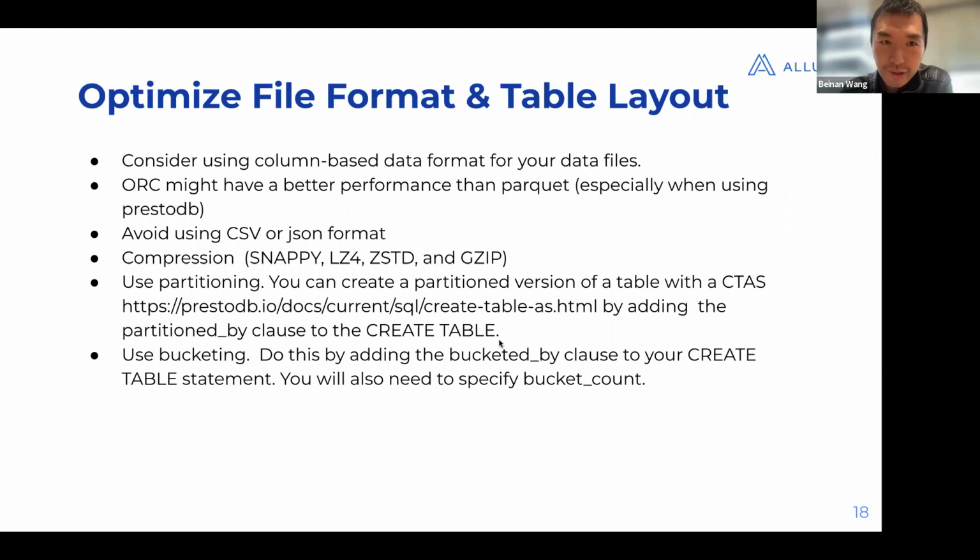I think I already mentioned I prefer to use a columnar data format like Parquet, like ORC. And I think last time I did some benchmark, I'm still seeing ORC might have better performance than Parquet on both Trino and PrestoDB, because Facebook is using ORC. There are a lot of people trying to optimize the query on ORC for a while.